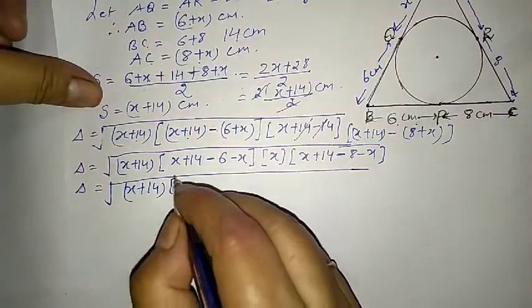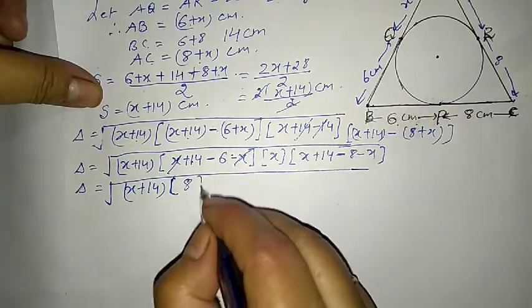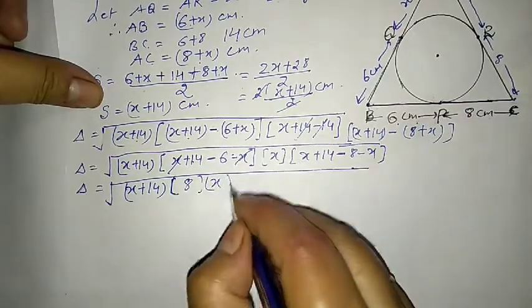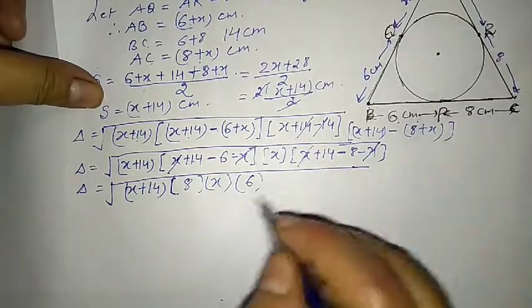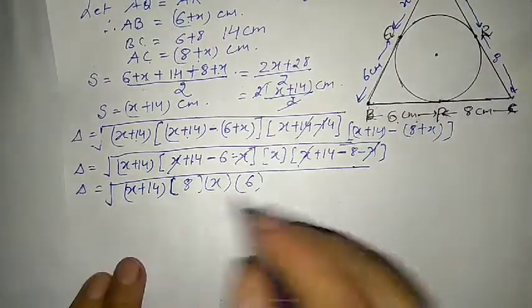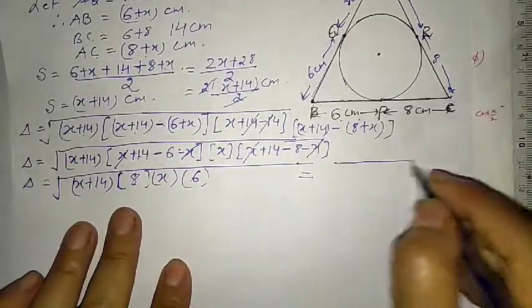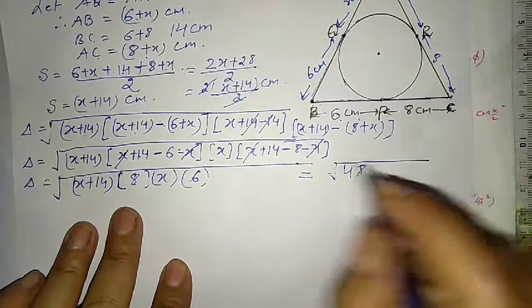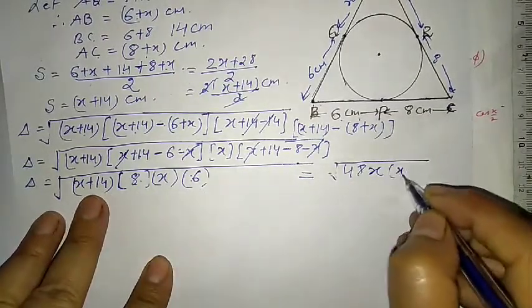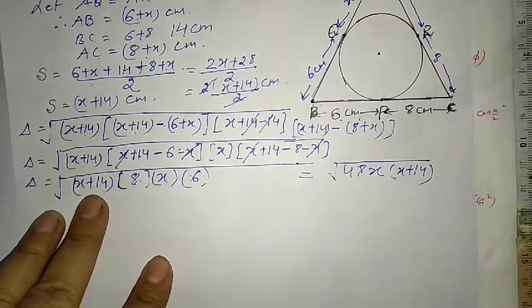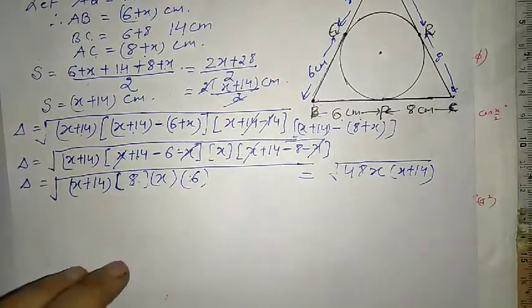If we subtract here, this X can be cancelled and 14 minus 6 is 8. This is X and here X is cancelled. 14 minus 8 is 6. Okay. So what do we have here? 8 6s are 48. This is under root 48X into X plus 14. This we have. Till here I think this is clear to you.